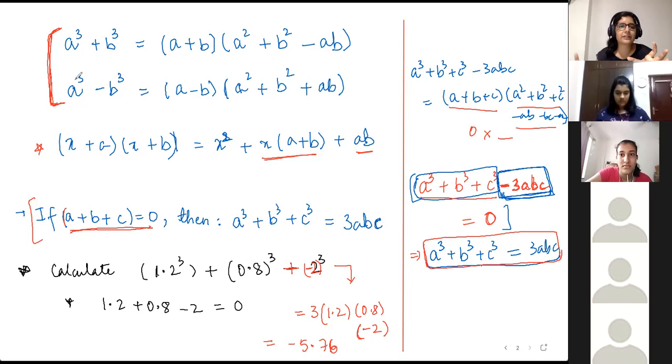You'll be asked to factorize 8x cube plus 27y cube. Then you have to identify that it's of the form a cube plus b cube. 8x cube is basically 2x whole cube, and 27y cube is 3y whole cube. Then a is 2x, b is 3y. On that basis you can apply the identity.